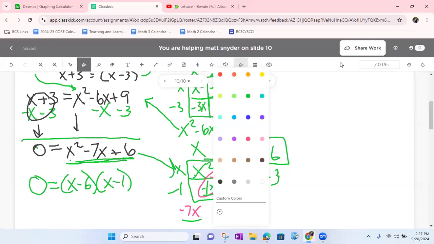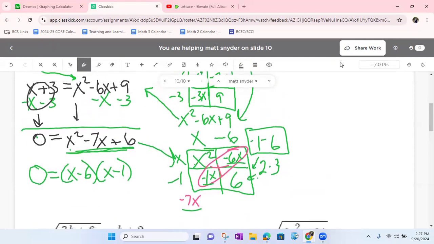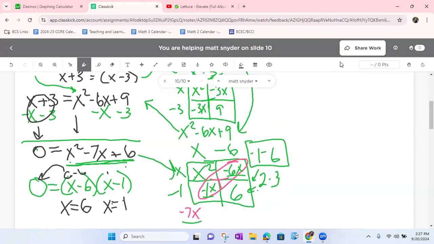If we're going to find where the quadratic equals 0 and we've factored into its binomials, we really just need to bring out the opposites of what is there. So x would be equal to 6. 6 minus 6 would give me the 0 I'm looking for. And then x equals 1. If I put 1 in here, 1 minus 1 would also give me the 0. So the one thing that's different on this is we've got two solutions, but we need to go ahead and graph.